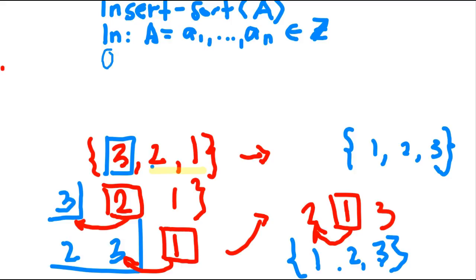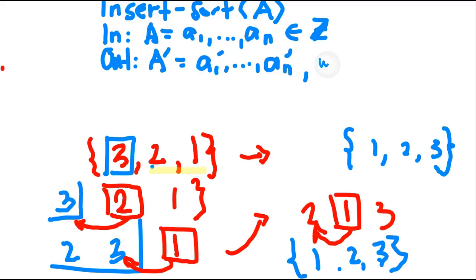And for our output, the output is just a permutation, so we could consider it as a prime. So you have a1 prime up to an prime, where a1 prime is the smallest, a2 prime next, and so on.